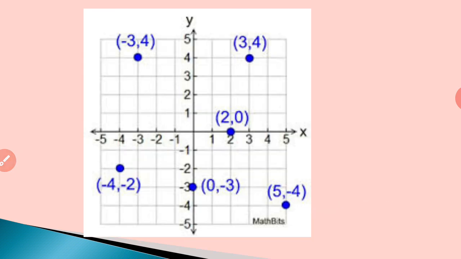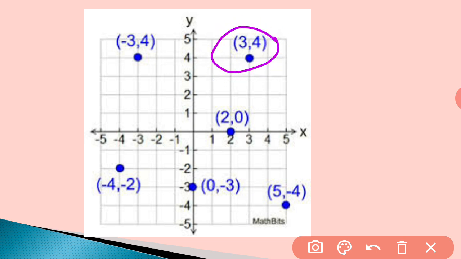Now let us study more about their locations. Now if I consider the point (3, 4), here both x and y coordinates are positive. And the point lies in the first quadrant. So we can say that any point in the first quadrant is represented as plus, plus. They will be both positive. Now if I move to the second quadrant, it is minus, plus.